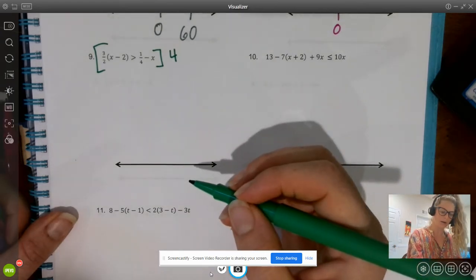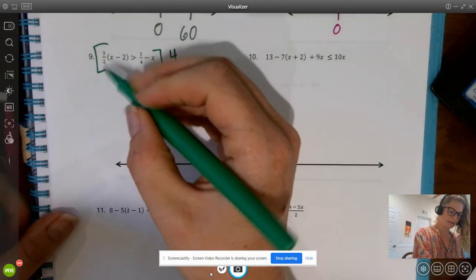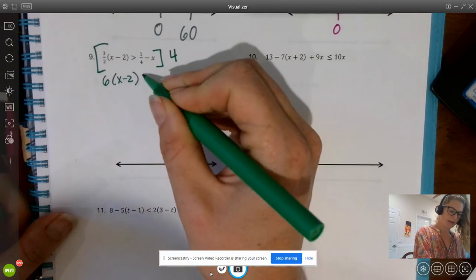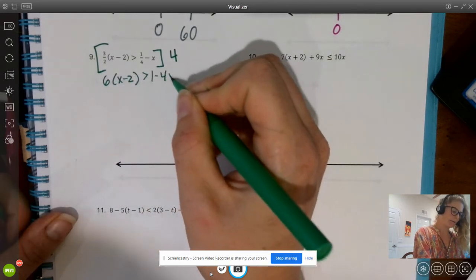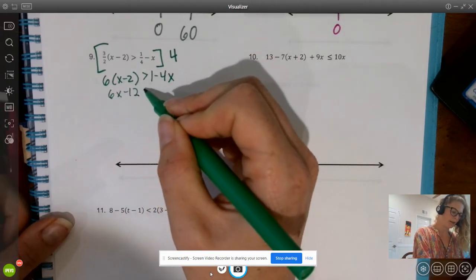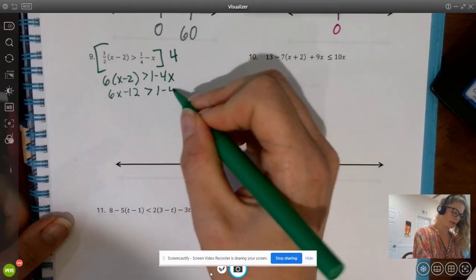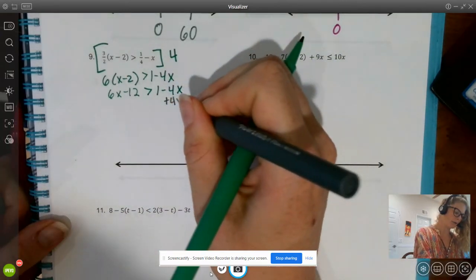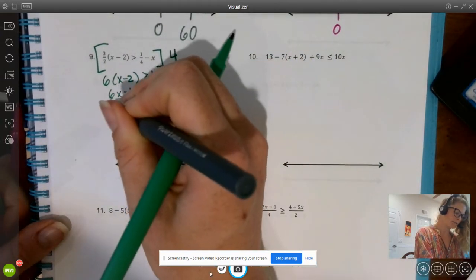So from here, what we have is 6 times the quantity of x minus 2 is greater than 1 minus 4x. I'm going to distribute, so I have 6x minus 12 is greater than 1 minus 4x. The smaller variable is 4x, so I'm going to add 4x to both sides.